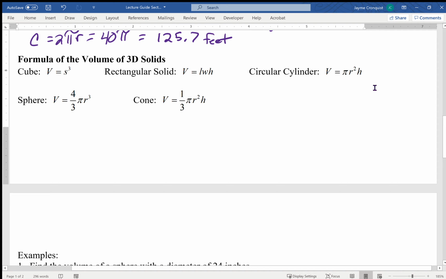All right, formula for the volume of 3D solids. Okay, a cube is side cubed. Okay, so I'm going to draw you some pictures here. You get to evaluate my drawing skills. So a cube, each of these sides is the same length.